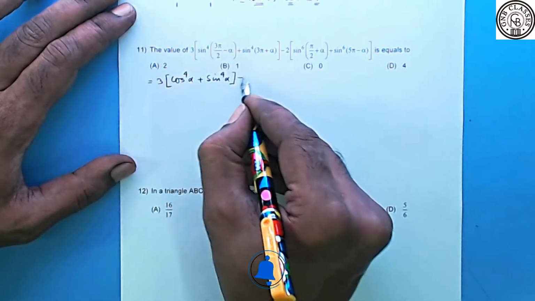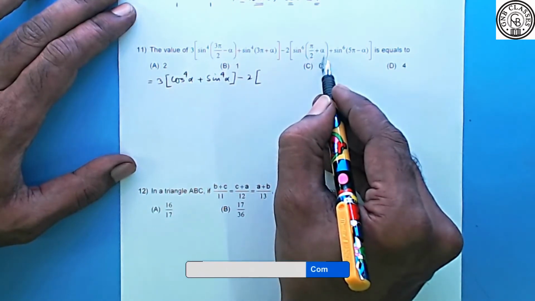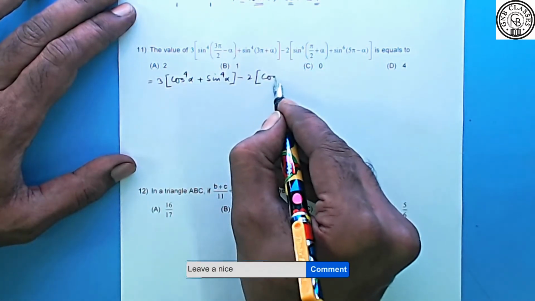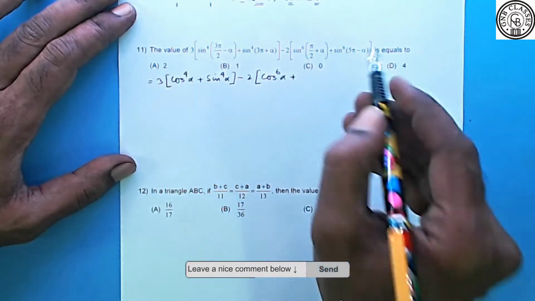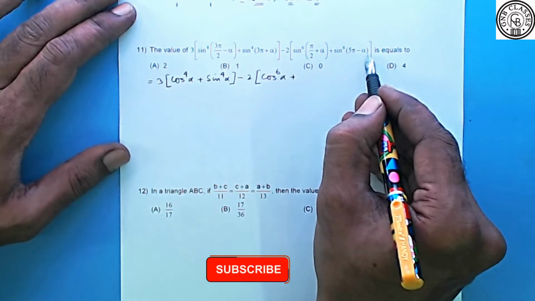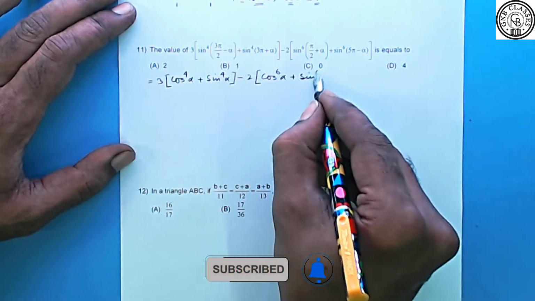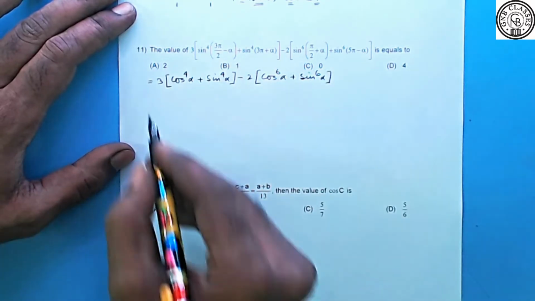Is it clear? Minus 2 sin pi by 2 plus alpha will give you cos alpha, so it will be cos to the power 6 alpha, plus sin 5 pi minus alpha, that will give you sin alpha only, but power is 6, so it will be sin to the power 6 alpha. Is it clear?